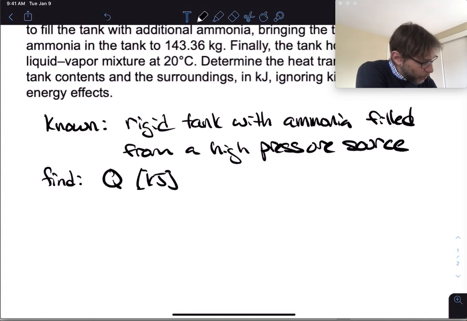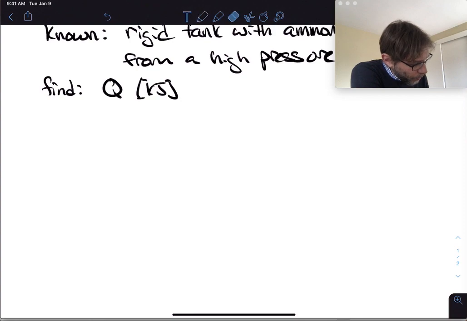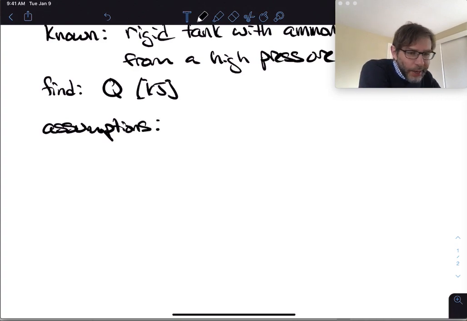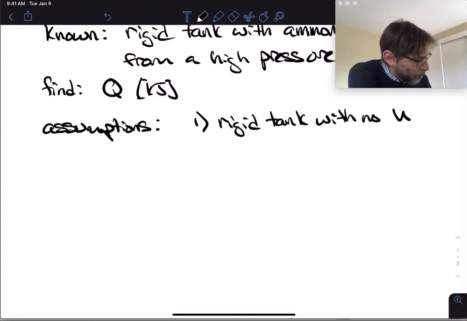Now we've got to do the same assumptions that we did before. No, we can't assume ammonia is an ideal gas because it does say two-phase, so we can't do that. One, we have a rigid tank, so there's no work. The change in kinetic energy is essentially 0, and the change in potential energy is equal to 0.